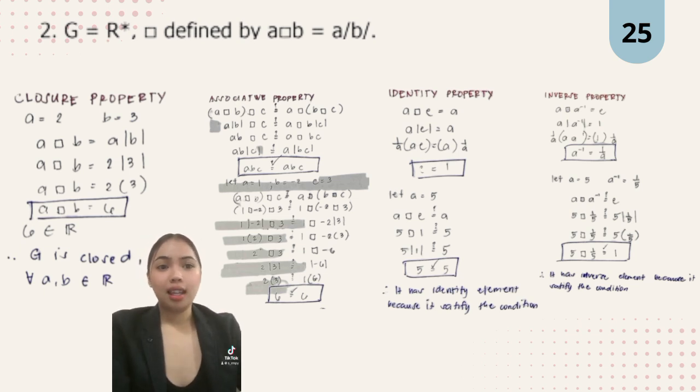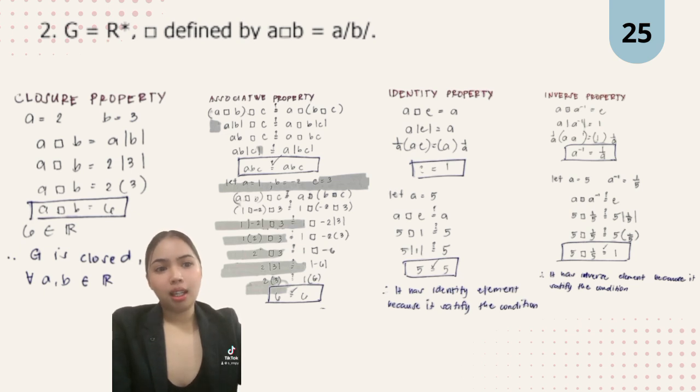Next is the associative property. A times B times C is equal to A times B times C. So A absolute value of B times C is equal to A times B absolute value of C. So AB times C is equal to A times BC.